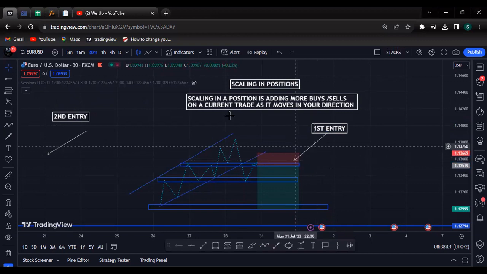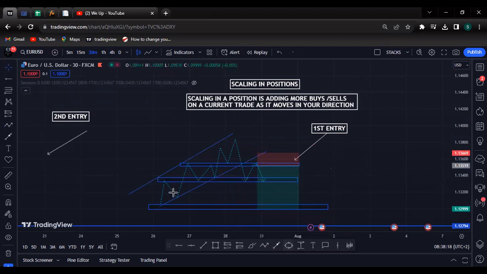Okay, now we've entered our trade, and let's say price does move down to this zone. But before I continue, I want you to note this zone here is actually a powerful zone.